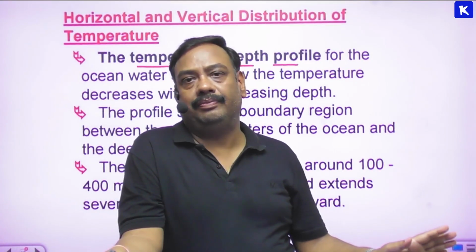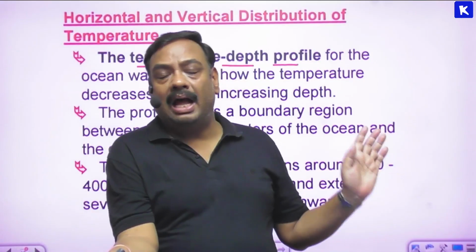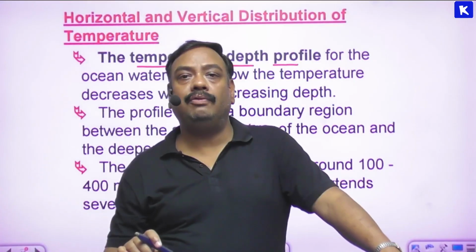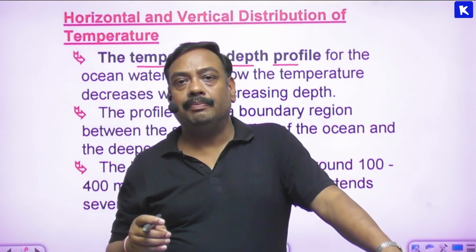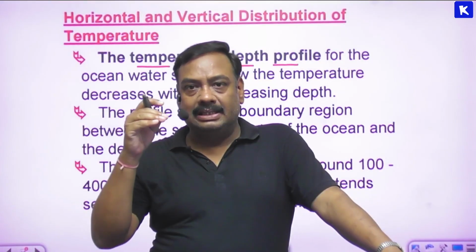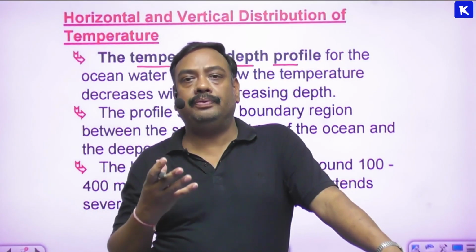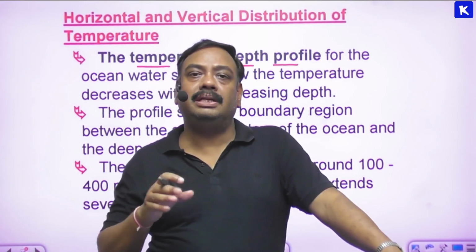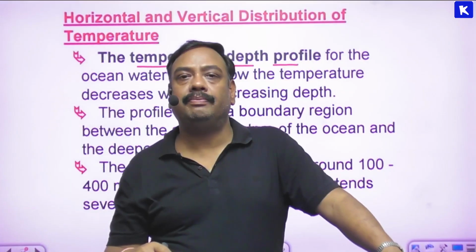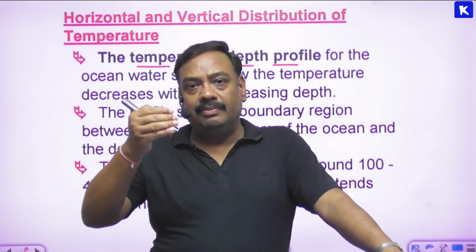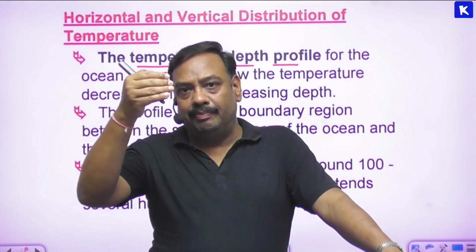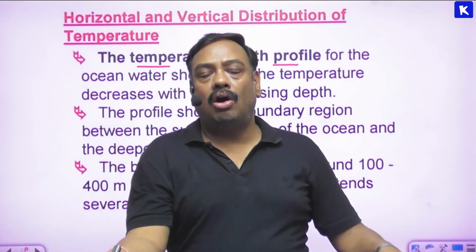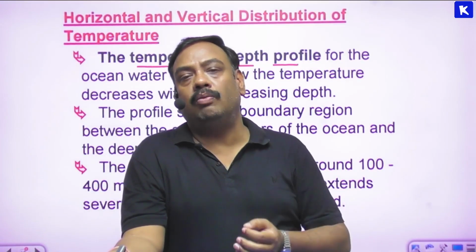Very clear. But here we have to discuss the vertical distribution. For the vertical distribution, you have to understand that the maximum amount of heat energy received by the ocean water is received at the sea surface, and from the surface the distribution of temperature takes place according to the transmission of heat downward.